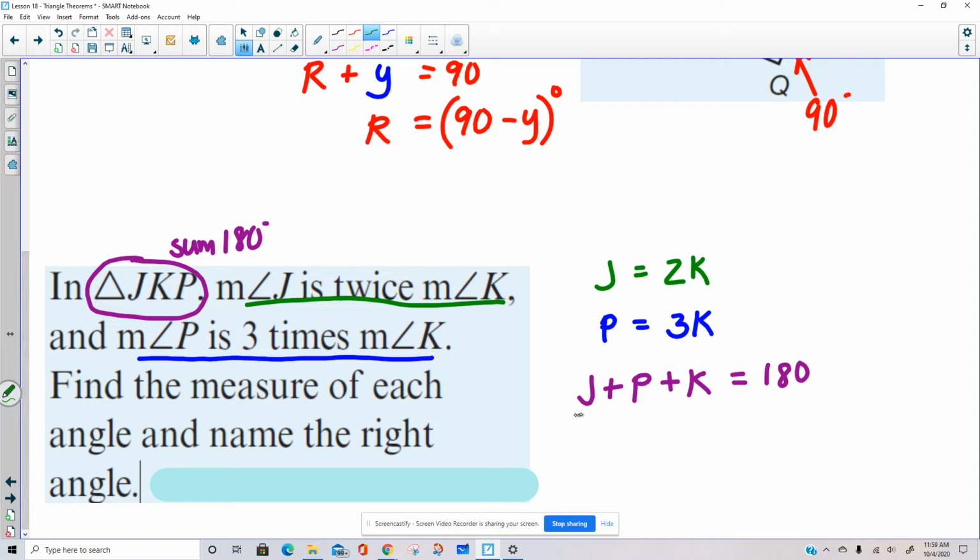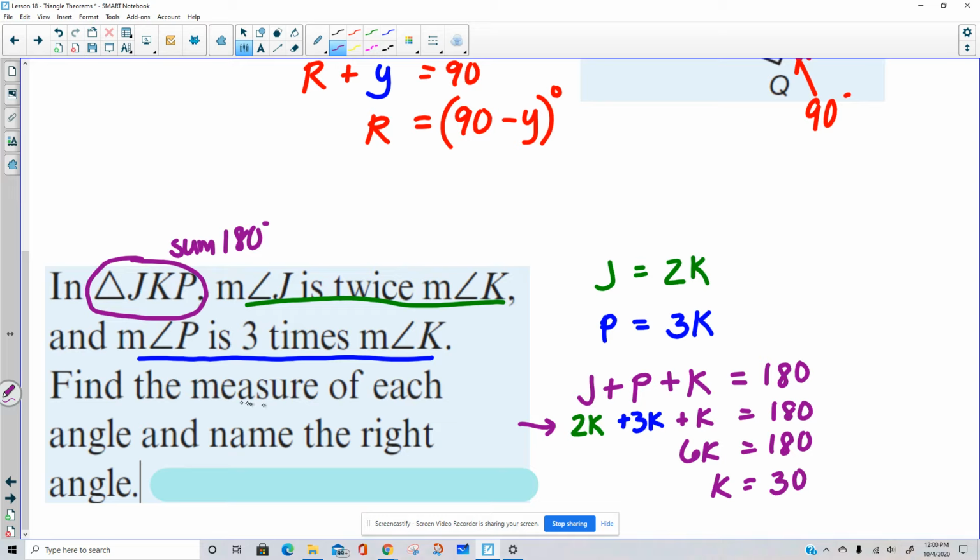From that green top line, we know J is 2K. From the second line, we can substitute for P being 3K. And check it out, now we have a single equation with one variable. So how many K's do we have? We have 6K, that equals 180. Therefore, K is 180 divided by 6, or 30.